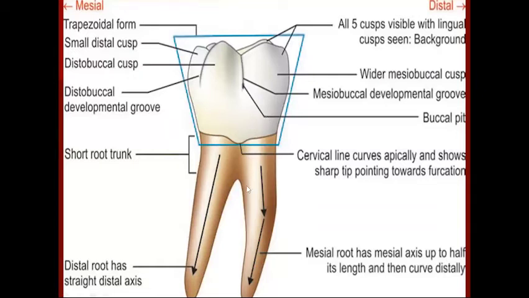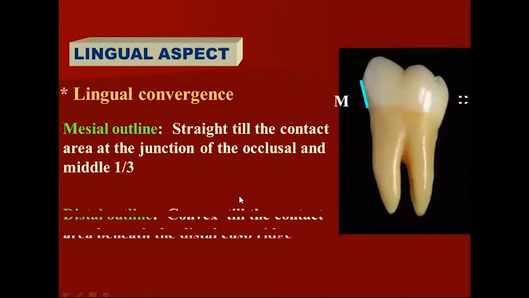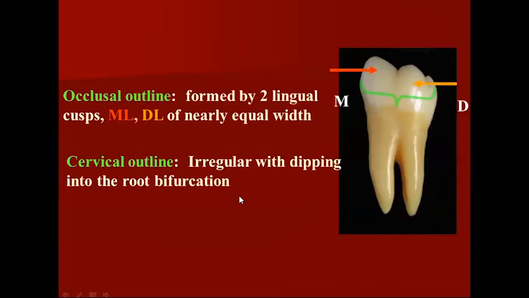This is trapezoidal in shape. Occlusal outline formed by two lingual cusps, mesiolingual and distolingual cusps of nearly equal width. Cervical outline irregular with dipping into the root bifurcation.